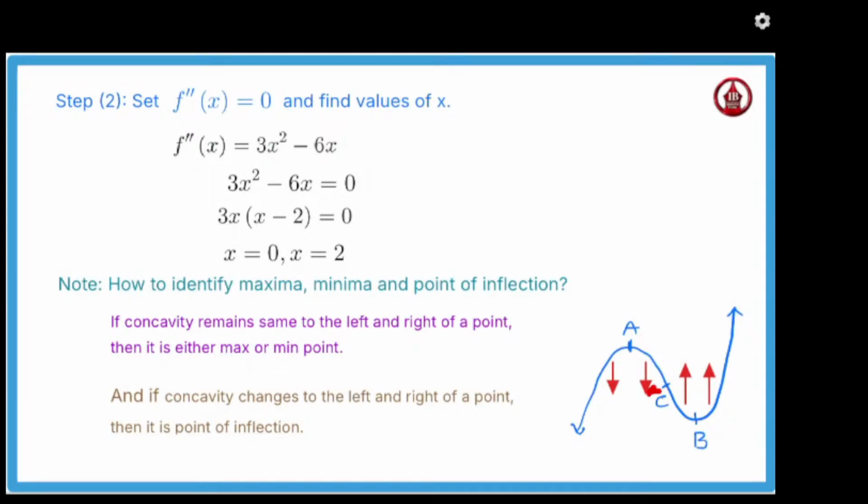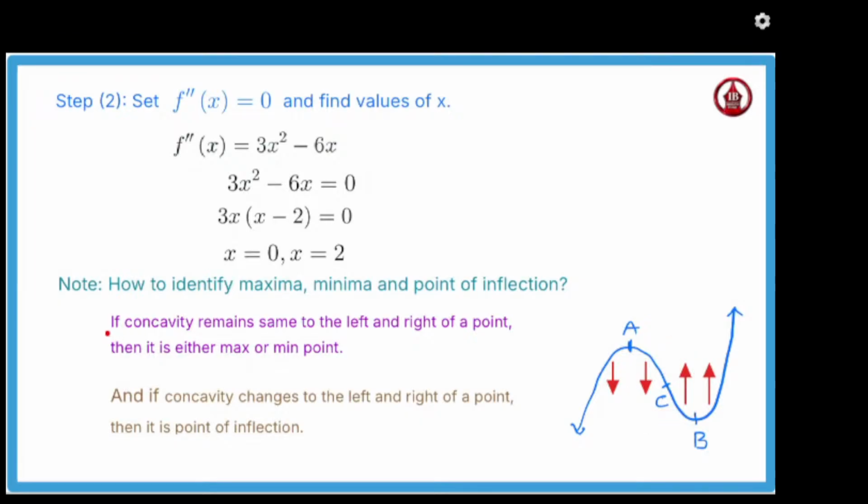To the left of C, it is concave down. To the right of C, it is concave up. So about the point C, concavity changes from concave down to concave up. Therefore, this point C is a point of inflection. Is that clear to you?